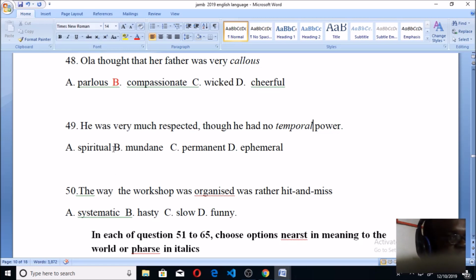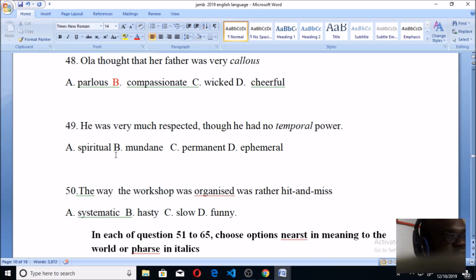So you can see this is the opposite of this. So mundane is the world-like. Now, permanent simply means lasting for a long time. Then ephemeral simply means lasting or living for a very short time. So you can see the different meanings of these.